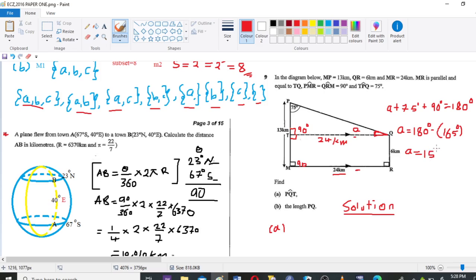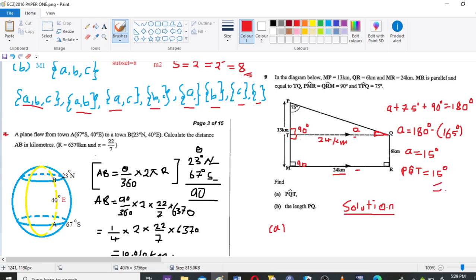So the value of angle PQT is equal to 15 degrees.